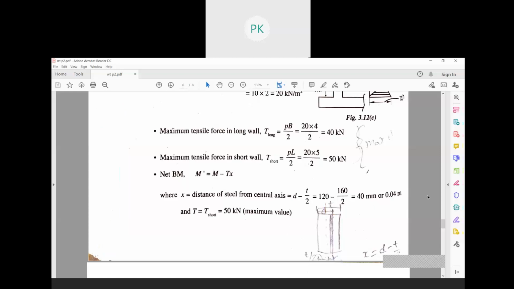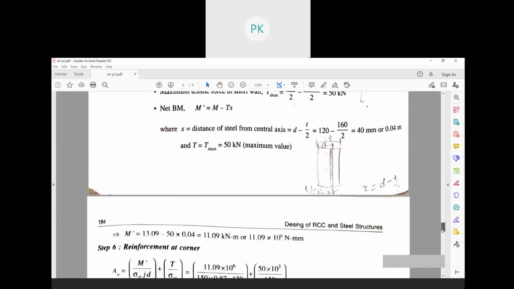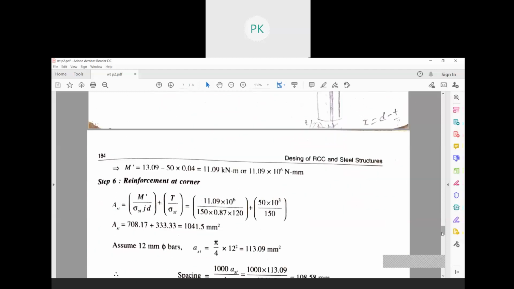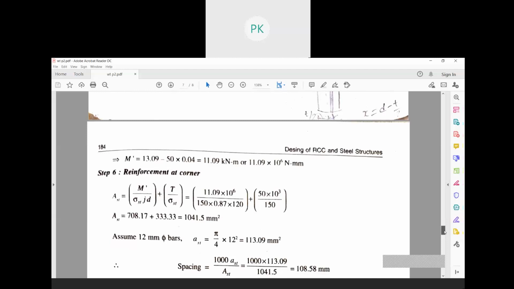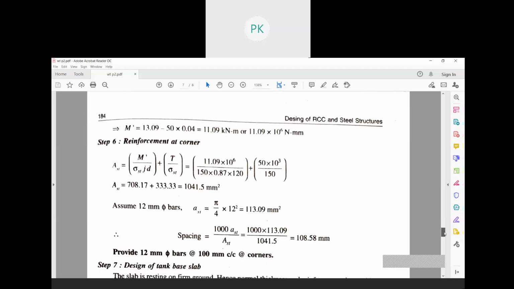X value is 40 mm, and T is equal to whichever value is maximum, we have 50 kilonewton, and then M dash we shall substitute and get the answer as 11.09 kilonewton meter, right? Then this is the moment value for horizontal reinforcement.